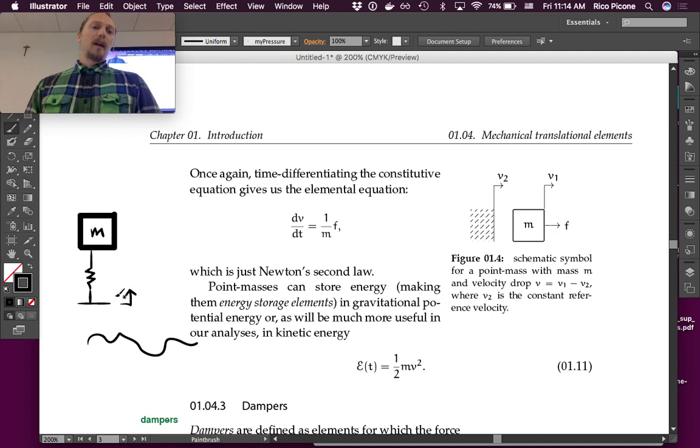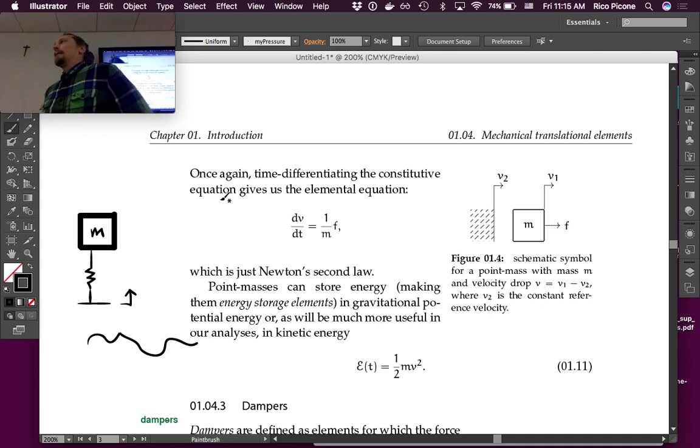So we might have some velocity input here. So we could model the whole mass of the car as a point mass that just experiences these forces from the road coming through the suspension system. So really any object with significant mass. And by significant mass, we mean a mass that's significant relative to other masses in our system.